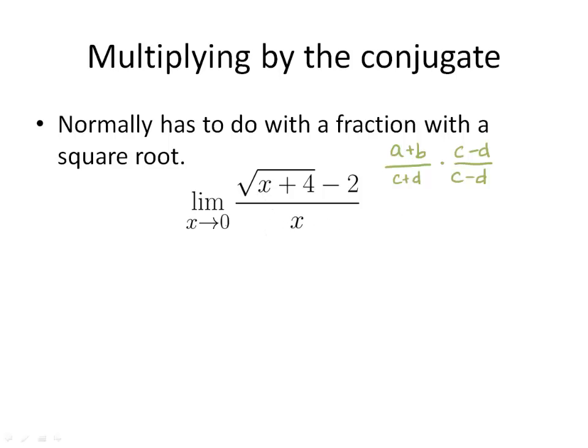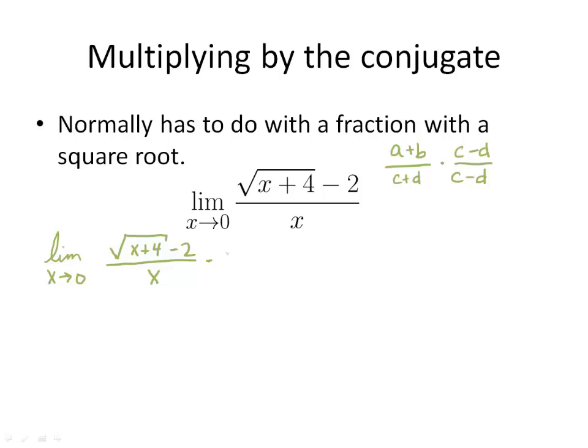In this case, we're going to be multiplying by the conjugate of the numerator. So the limit as x approaches 0 of square root of x plus 4 minus 2, all over x.